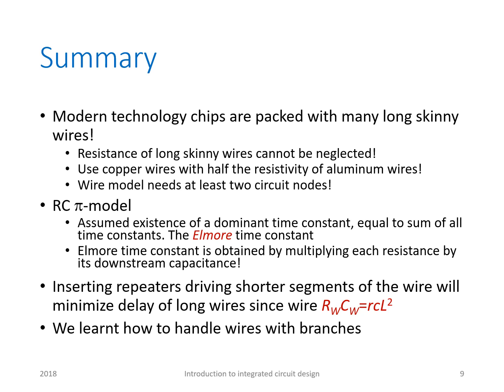We have talked about the RC pi model, assumed the existence of a dominant time constant equal to the sum of all time constants, and this is the Elmore time constant, named after Bill Elmore, who developed the theory. The Elmore time constant is obtained by multiplying each resistor by its downstream capacitance. Actually, it can also be obtained by taking each capacitance and multiplying it with its upstream resistance.